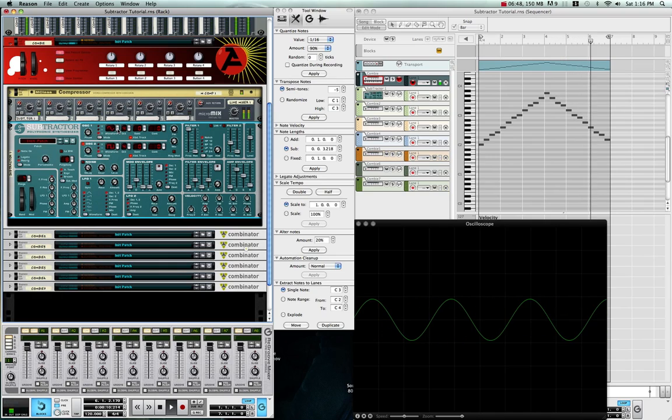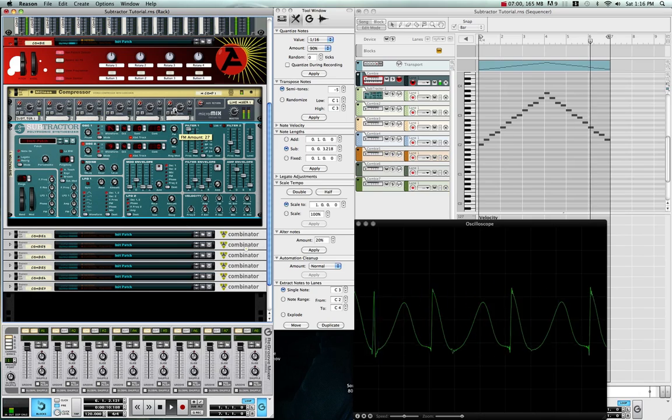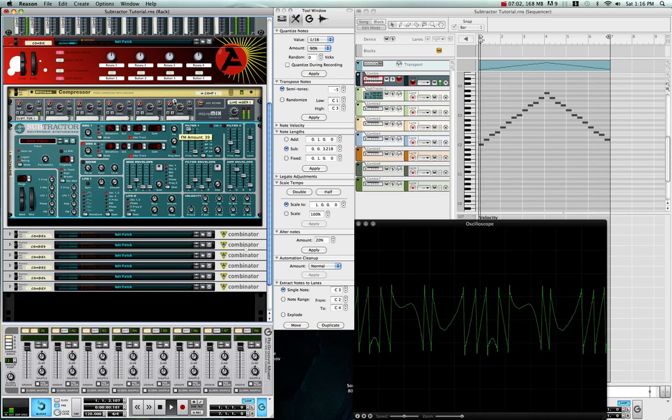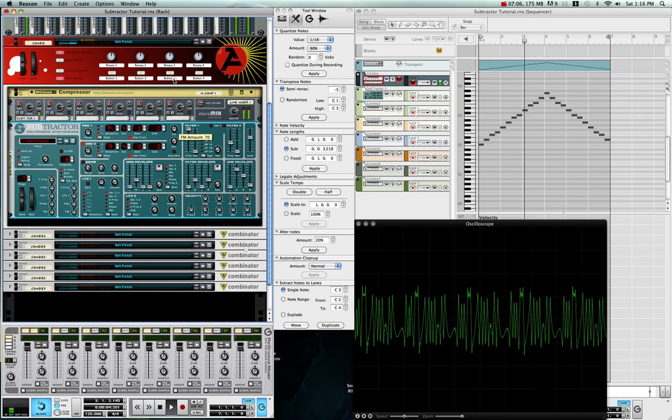You can use any type of wave and any type of modulator, and you'll begin to see the effects and get some really cool, complex waveforms.